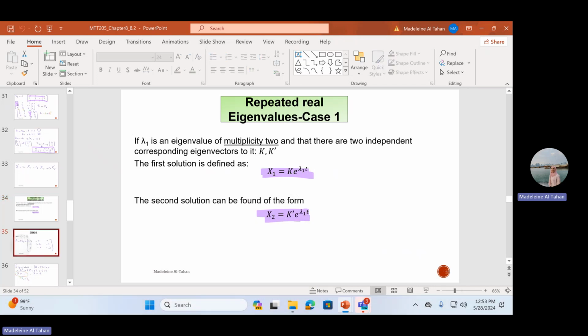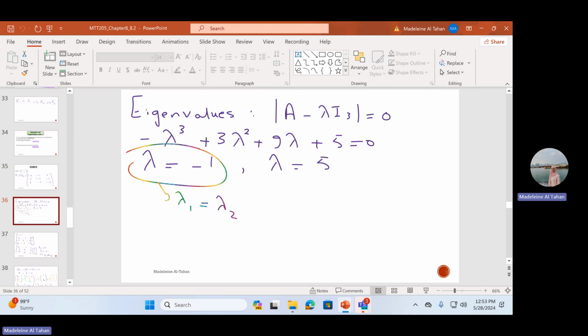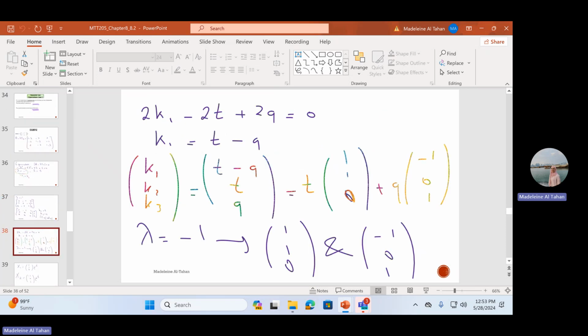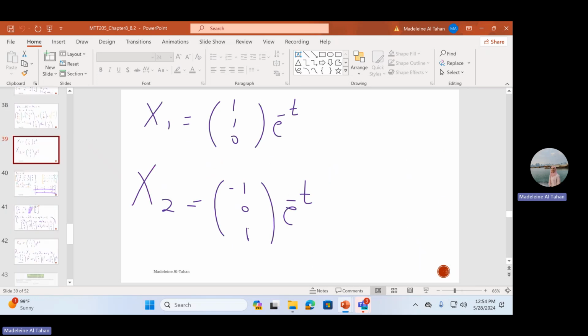In this example, we got lambda equal -1 repeated twice, but it has 2 independent eigenvectors, so we are okay with it. The solution is the first eigenvector times e to the negative t and the second eigenvector times e to the negative t. Then we solve it for the third eigenvalue. Now is everything clear?